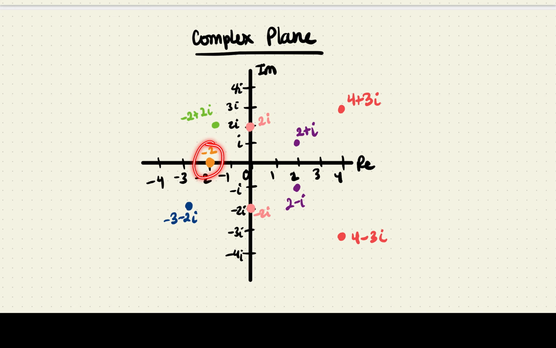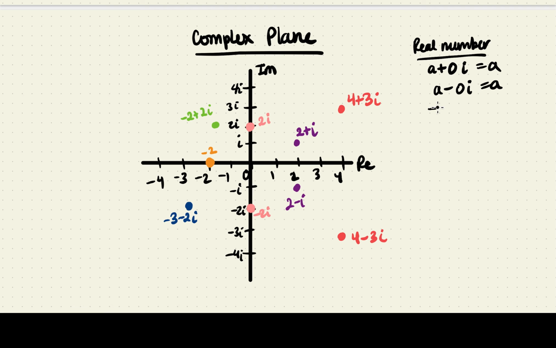So the conjugate of this number is just itself. So let me write this down. For a real number, we would have a plus 0i. And the conjugate would just be a minus 0i, but 0 and minus 0 are both 0. So the conjugate just doesn't change a real number.